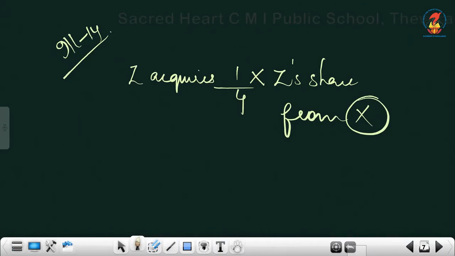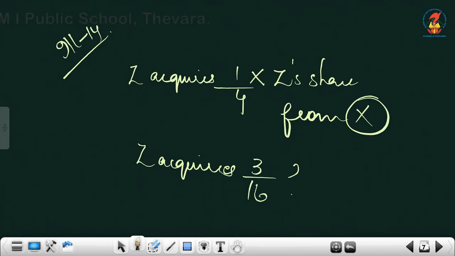X the partner. Similarly, Z will take, what's the proportion he is taking from Y? 3/16 from Y. It's not written like of his share and all. Directly he is taking 3/16 from Y. Calculate the new ratio and sacrificing ratio.